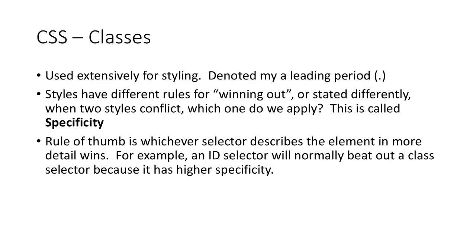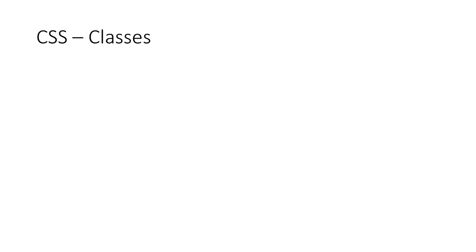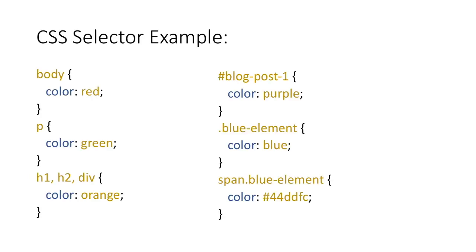The basic rule of thumb is whichever selector describes the element in more detail wins. And then also the ID selector. Back here again, this ID selector is going to pretty much beat out all these other ones when it comes time to apply the style rules, because it's a unique value.